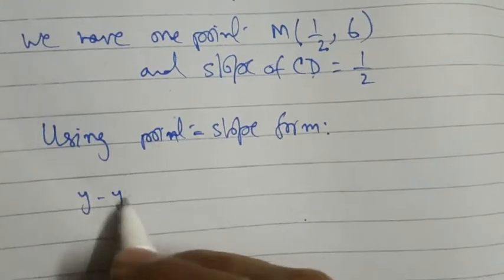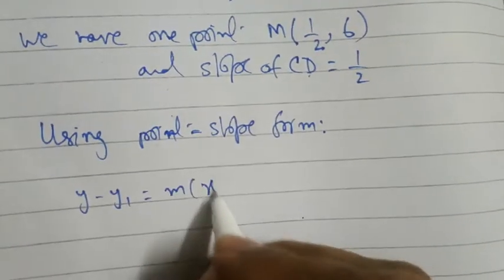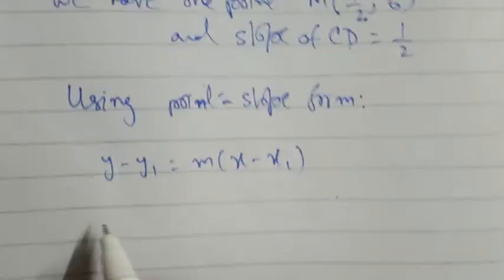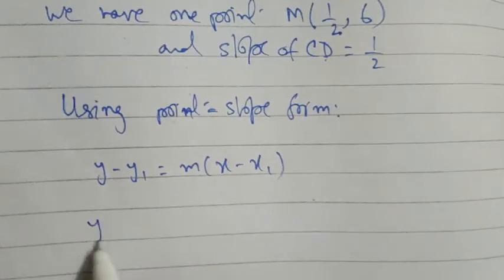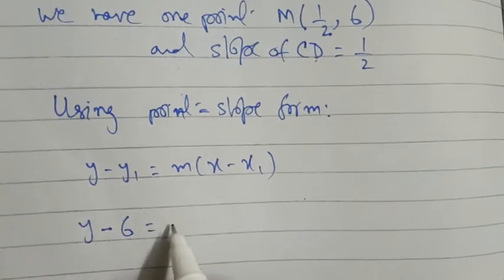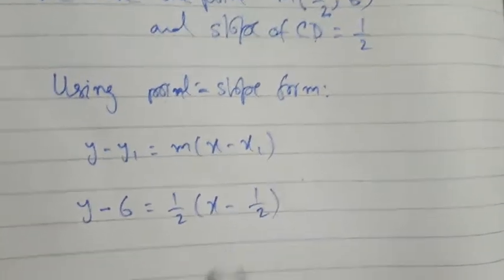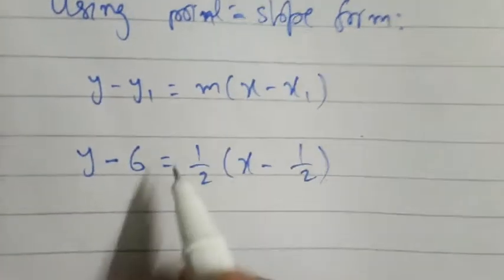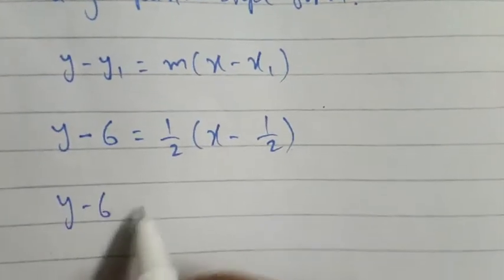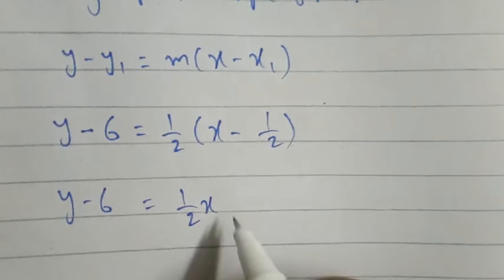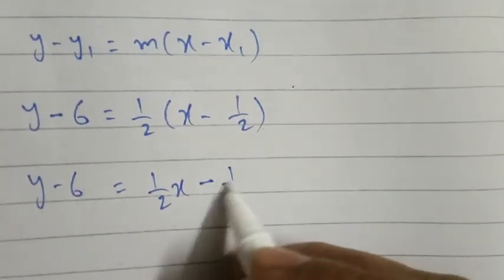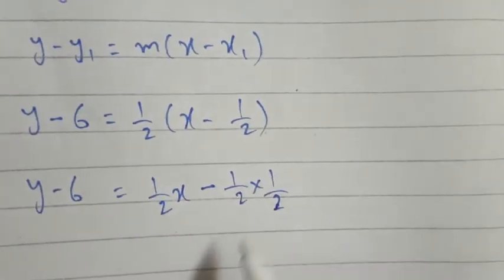We will use the point slope form, that is y minus y1 is equal to m times x minus x1. We put the values of x1, y1, that is the midpoint, and the slope of CD. So we have the equation y minus 6 is equal to 1 over 2 times x minus 1 over 2. We simplify this equation.